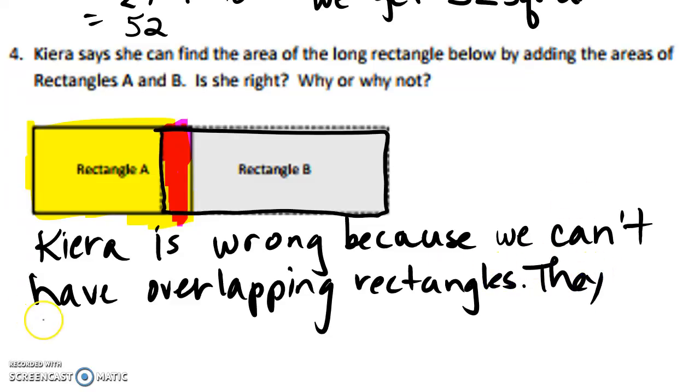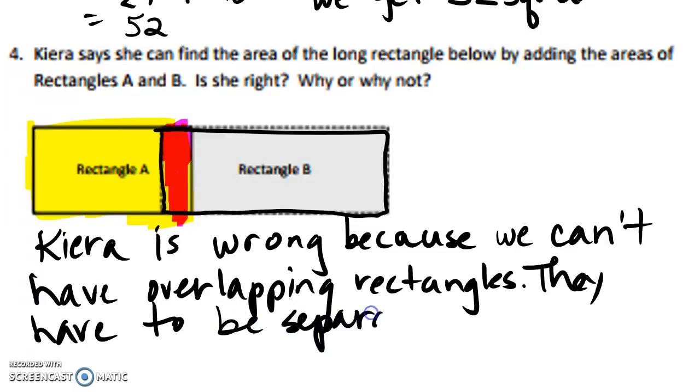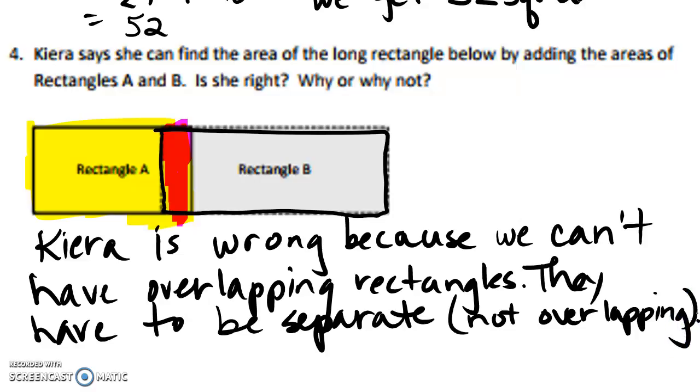They have to be separate or not overlapping. Okay, so if this overlapping section here wasn't there, we could add the two areas together. All right, so that's it for lesson 9. Go ahead and get your homework going.